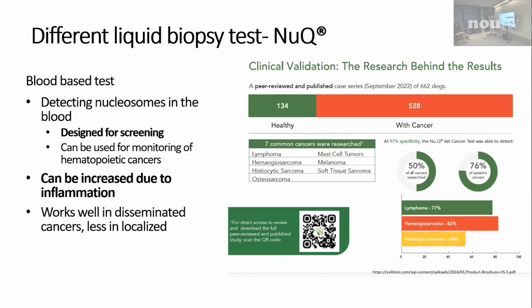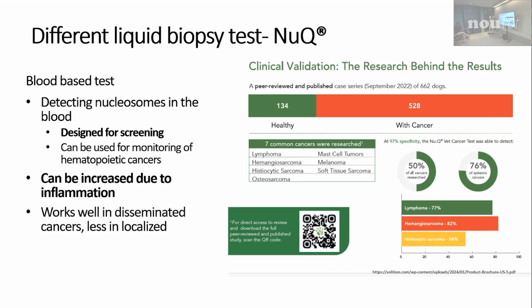So I just wanted to quickly talk about this test. It's developed by Oncologia Veterinária, and it's a blood-based test. It detects nucleosomes in the blood. It's designed for screening. One of the problems of this test is that it can be increased by inflammation, especially in elderly patients with lots of different coexisting diseases. You can have false positive results.